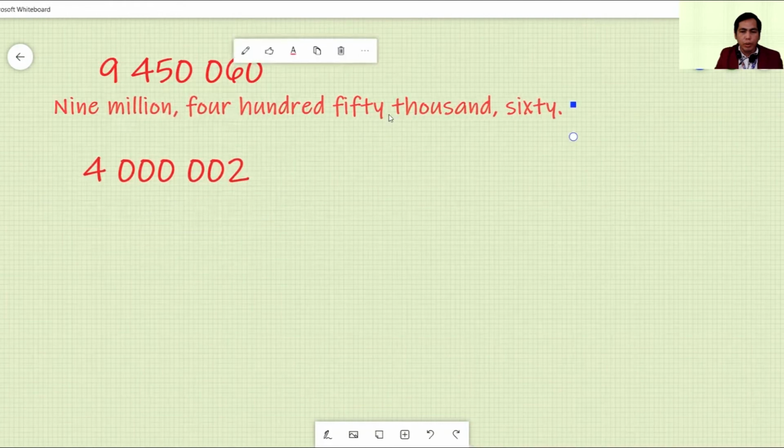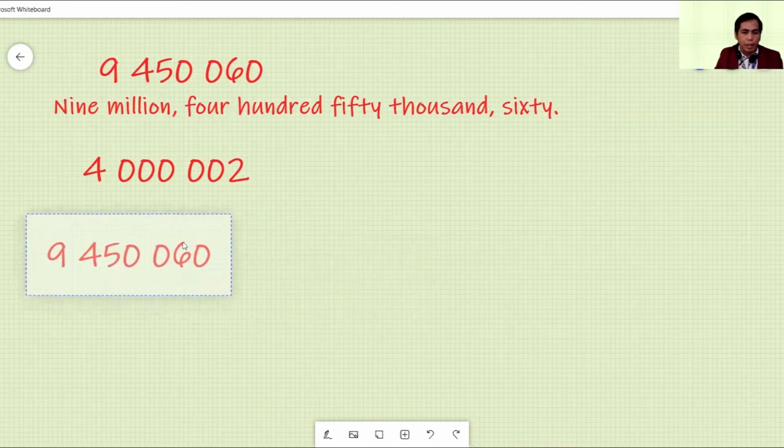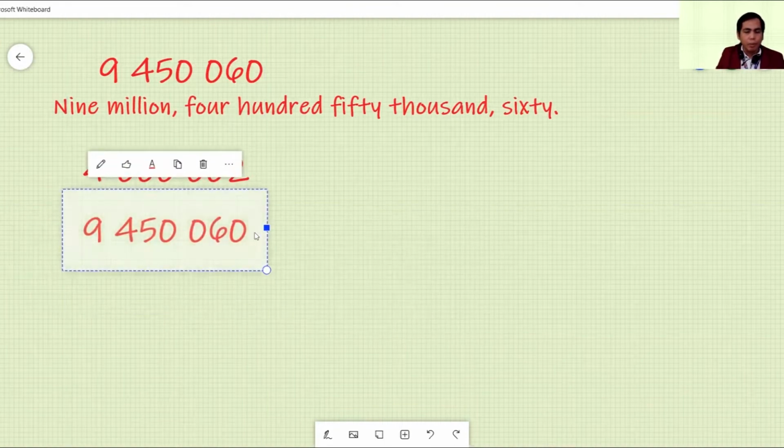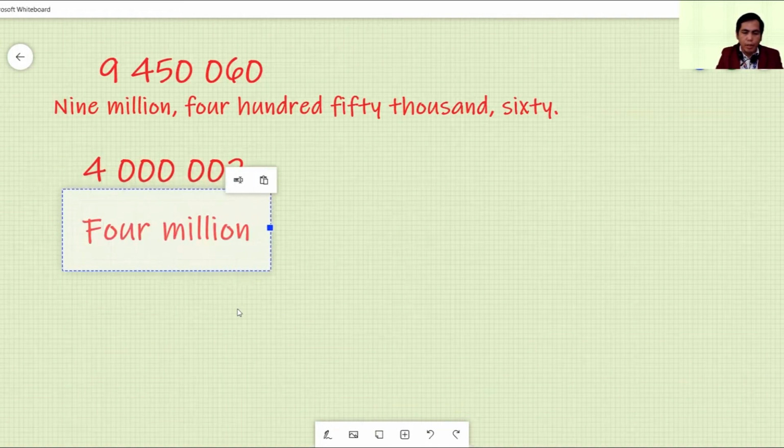So we have to start reading the given numeral from left to right. In the millions period, we have 4. So 4 million, comma. So if you notice there, we have 3 zeros found in the thousands period, in which the value of these 3 zeros is just 0. So we don't need to include that in writing the given numeral in words.